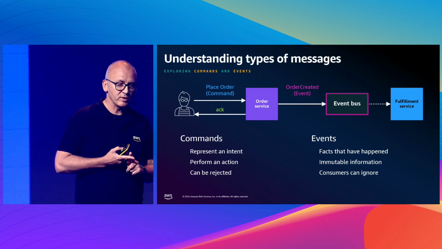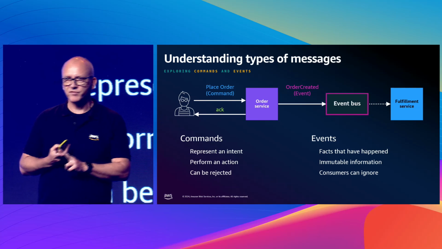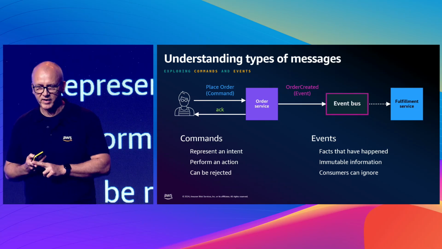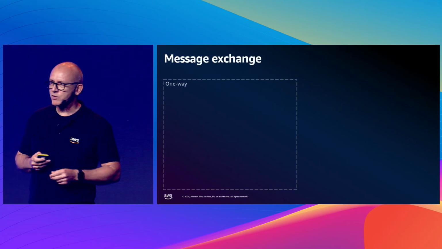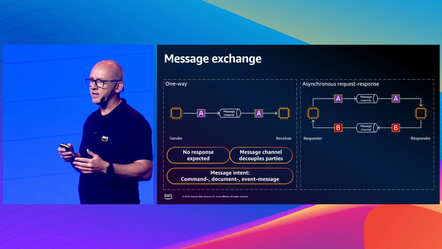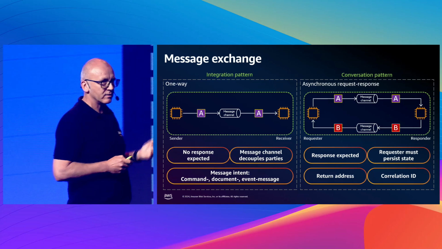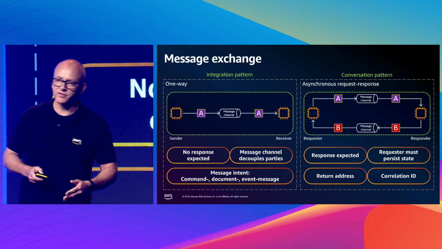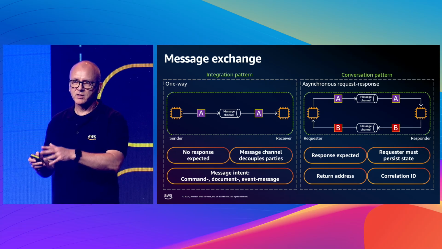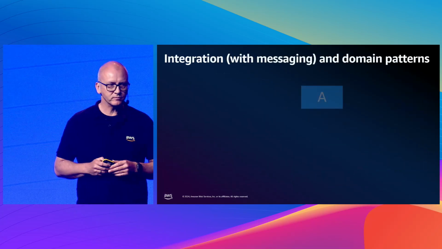It is immutable data, and of course, the potential consumers can decide if they are interested in such an event or not. And just to make it clear once more, what we're interested in an EDA is exactly what we see on the left-hand side. One-way communication, not request-response, right? That we can still do between end-user clients and so on, but not in an EDA.